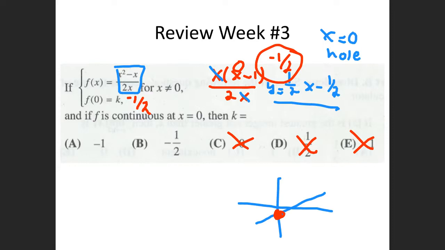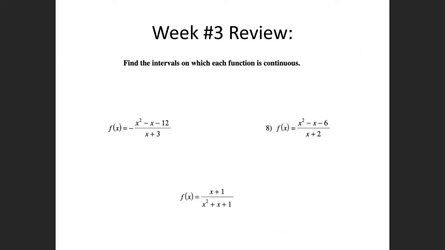Okay, so last week really dealt with a lot of factoring. So a problem like this, it says find the intervals in which each function is continuous. Well, the first thing you want to do when you have problems like this is you want to factor. So here I have x squared minus x minus 12. I'm going to factor this thing down. So this becomes x minus 4, x plus 3 over x plus 3.